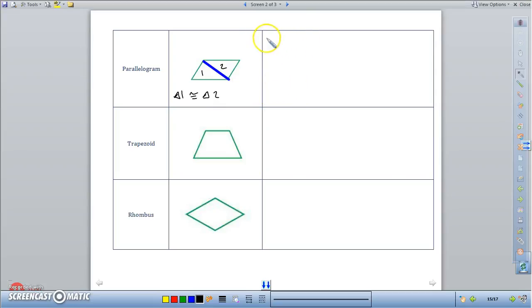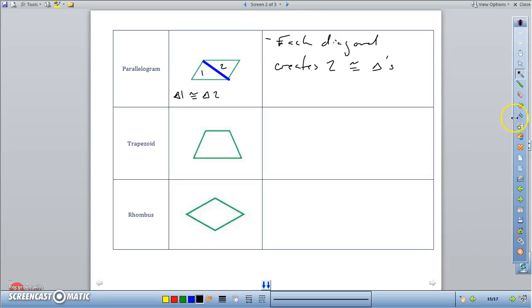But let's go ahead and jot that down as a bullet point for one of our characteristics, that each diagonal creates two congruent triangles.